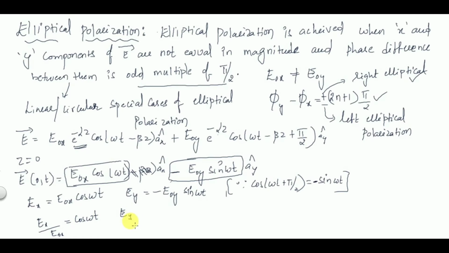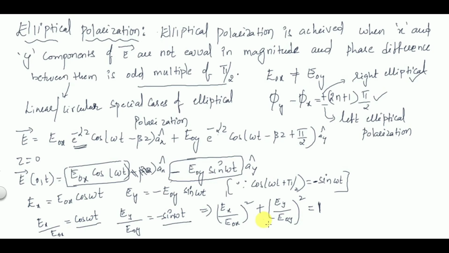Similarly, Ey by EOY is minus sine omega t. So if you take Ex by EOX whole square plus Ey by EOY whole square, what will be this on the right hand side? Cos square omega t plus sine square omega t. So this will be equal to 1.